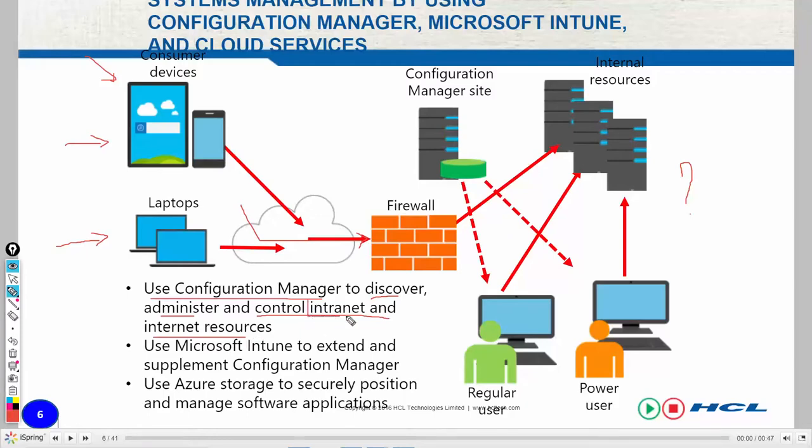Intranet means within the organization, internet means outside the organization. If a user sitting on a laptop comes to our organization through the firewall, how this device should perform, what kind of application it should access, what permission it should get, can be controlled using Configuration Manager.